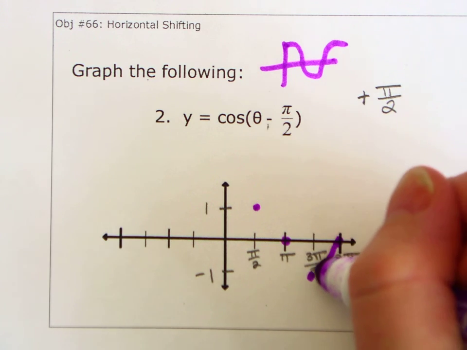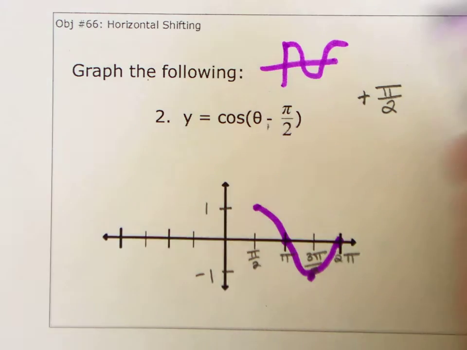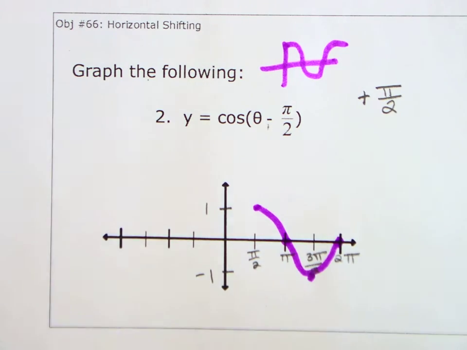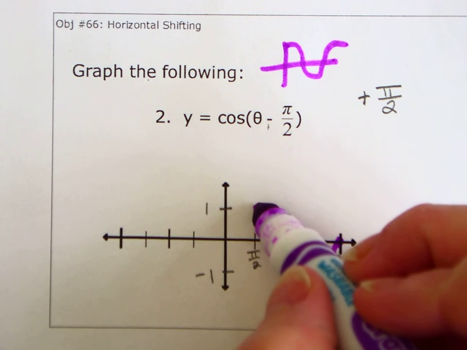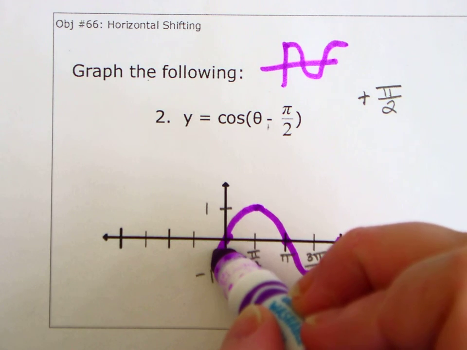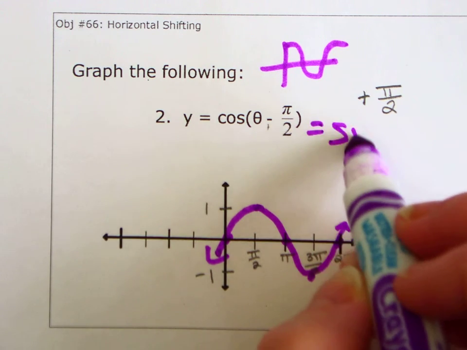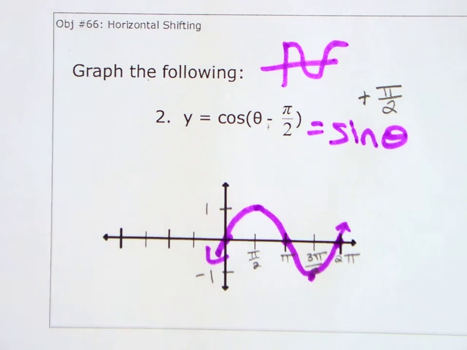Again, look, it's not quite a full cosine curve, so what I like to do is just get the other side. So if I'm at 1, where would the next dot be? 0. And again, what does this look like? We just drew a sine curve. So sine and cosine are really similar, just a shift.